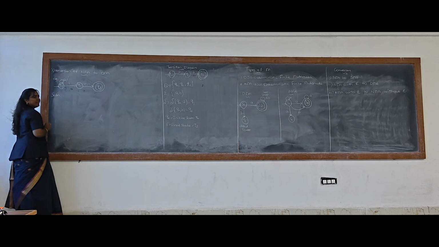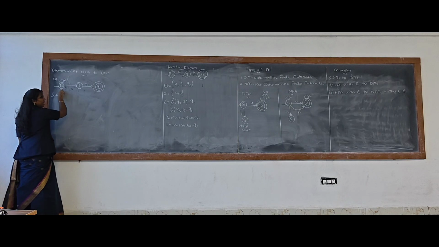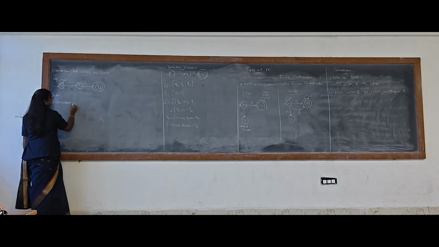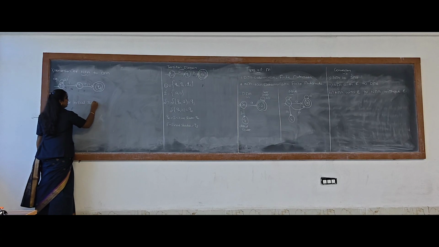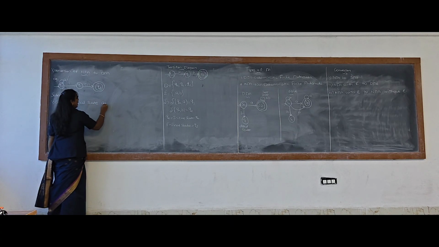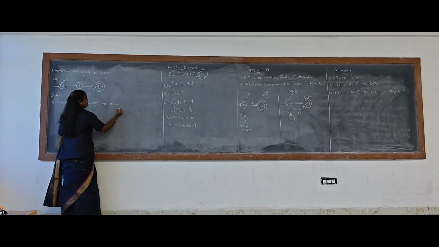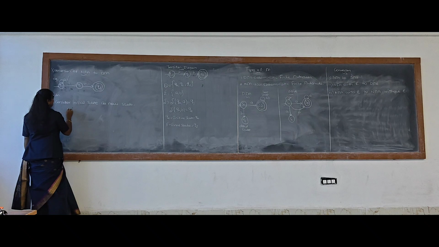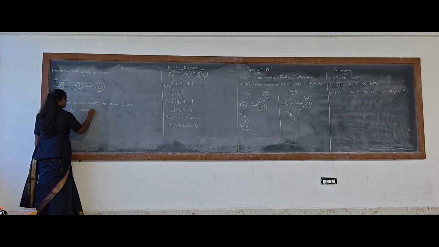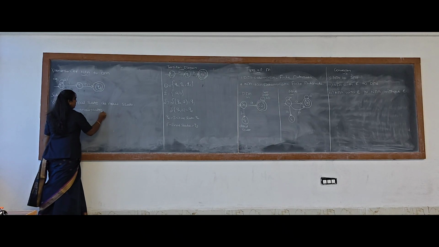Here we have the initial state as Q0. So step one: consider the initial state as a new state, which means Q0 is a new state. We can mark this as new state number 1.